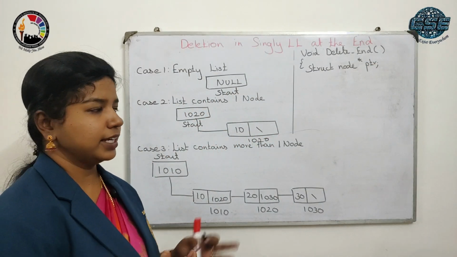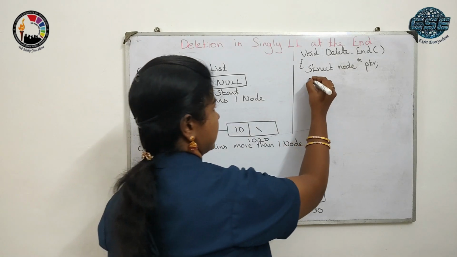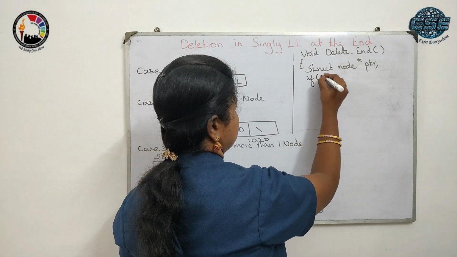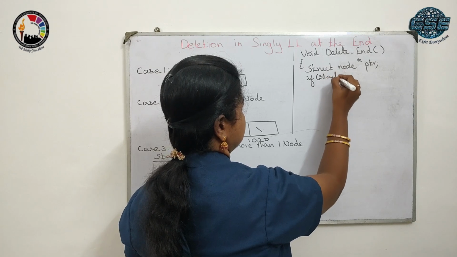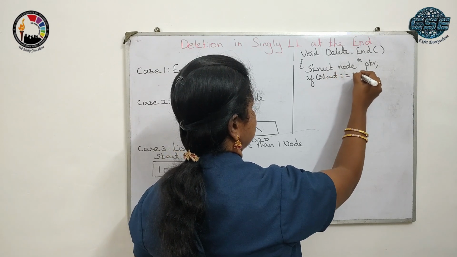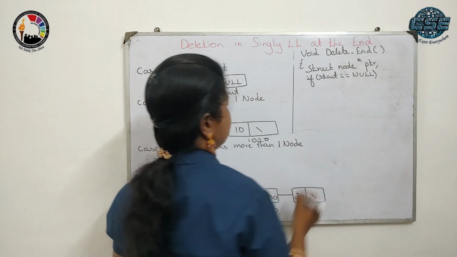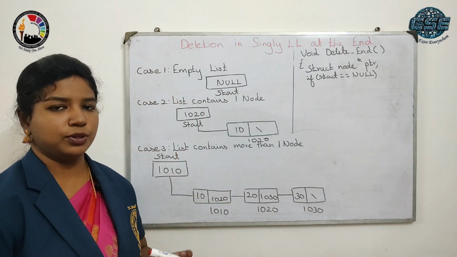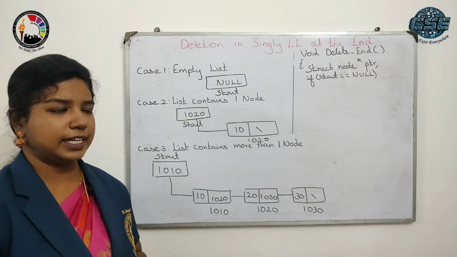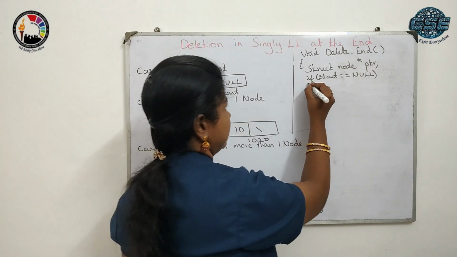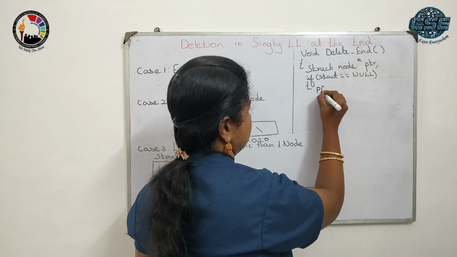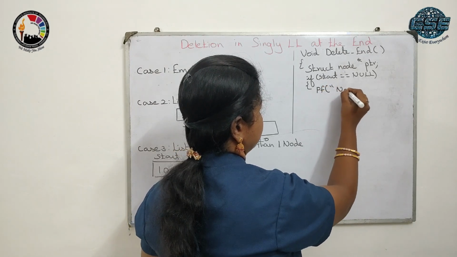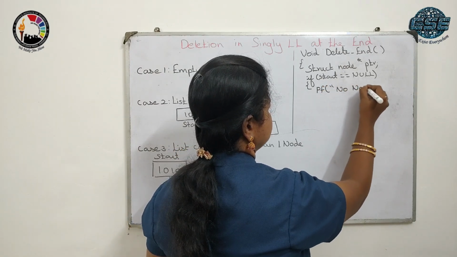So we can write the cases one by one. So first case is if start is equal to null. So if start is equal to null, it denotes that there is no node in your linked list. We cannot delete any node from your linked list. So directly we can display the message printf no node.